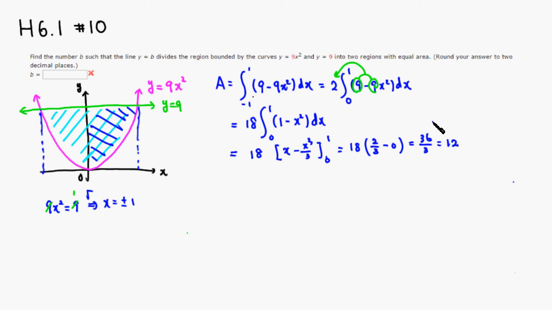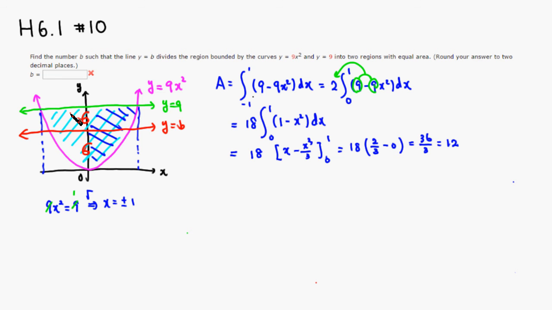So the entire region is 12. Whatever b is, I'm going to cut this at y equals b, which means the area has to be half of that: 6 over here and also 6 over there.